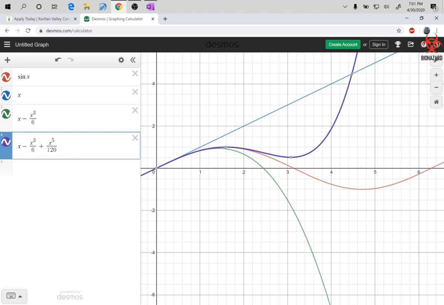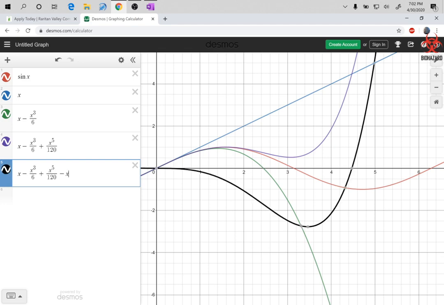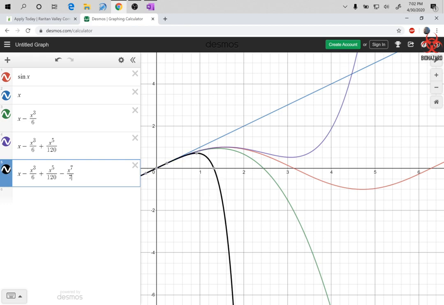Oh, kill me now, it's going to be 7 factorial. So copy this, and this one should cover all the way through pi. So Control V, minus x to the 7th divided by 7 factorial. That gives me the black line.